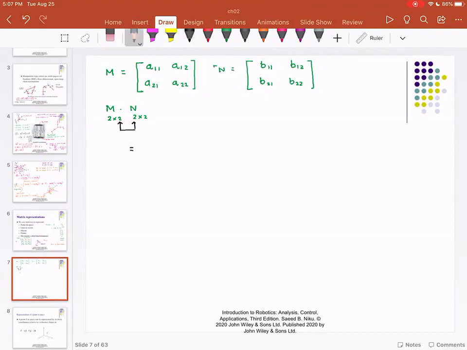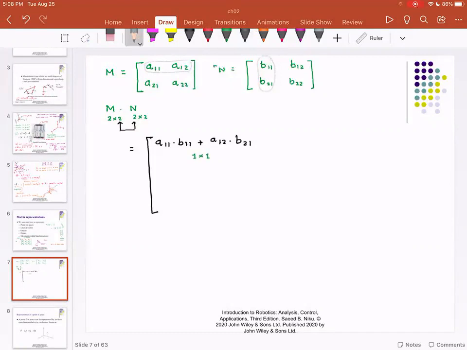I'm going to take the first row of M and multiply it with the first column of N. So check this out. When I perform the matrix multiplication, that's going to look like A11 B11 plus A12 B21. This is the first row, first column of the result.